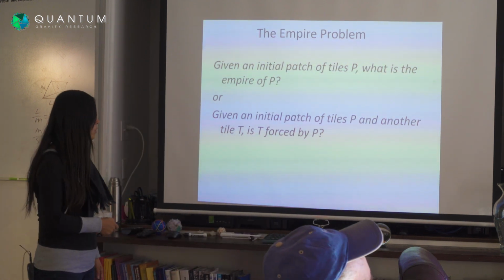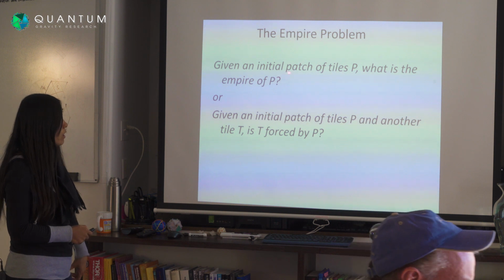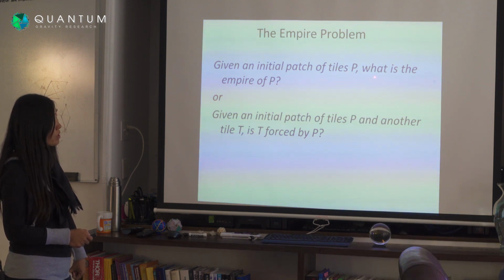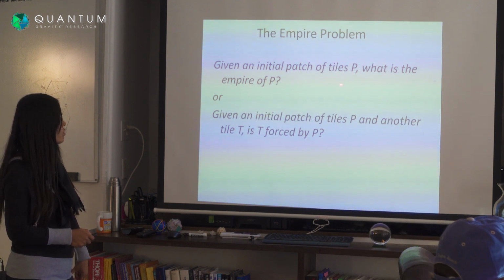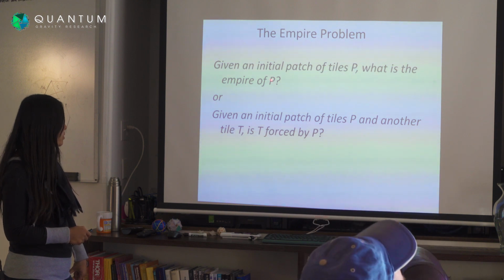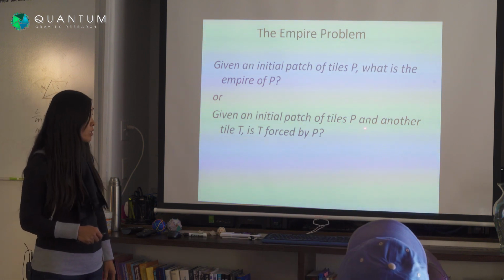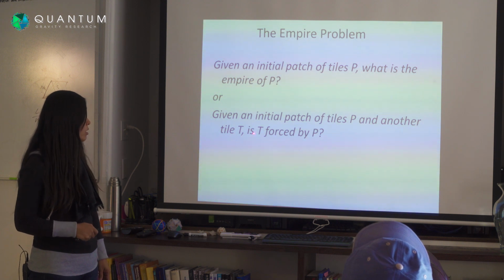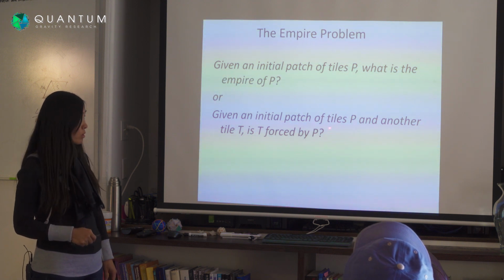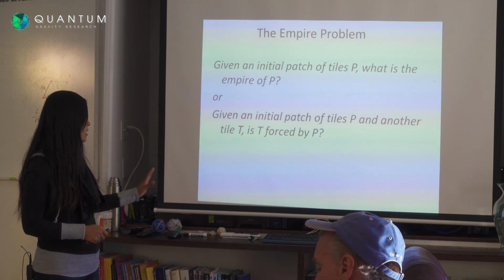So what is the empire problem? Given an initial patch of tiles P, what is the empire of P? Or given an initial patch of tiles P and another tile T, is T forced by P? So what does that mean?